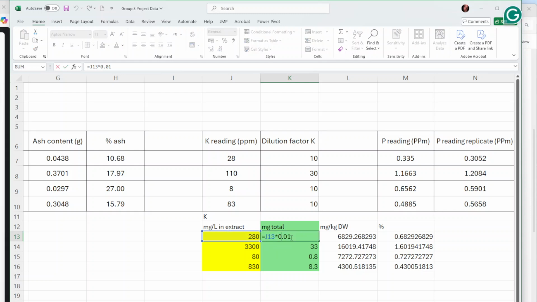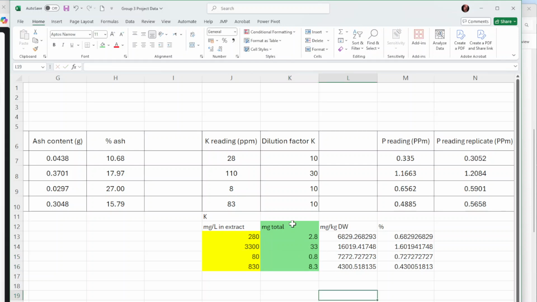I have 10 mL, so I multiply by 0.01 liter, and that will give me 2.8 milligrams in total in my extract. My ashes contained 2.8 milligrams in total of potassium. And you can go on calculating all the other ones the same way, just multiplying by 0.01. So far so good? So you need to continue here, multiplying by 0.01.